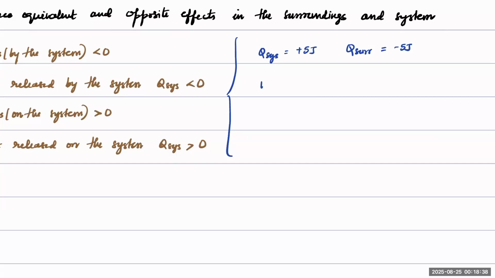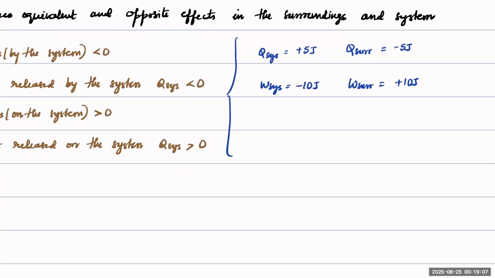While if the system is working on the surroundings, then work done of the surroundings will always be equal to 10 joules. Got it? So the loss of system is a gain of surrounding and vice versa. The loss of surrounding is a gain of system, and it always follows for heat and work.